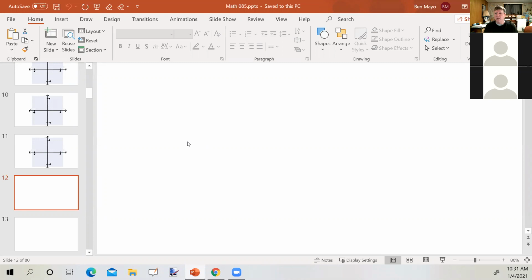We can multiply both sides by the least common denominator to clear the fractions. We can add the same quantity to both sides. We can subtract the same quantity from both sides. We can multiply or divide both sides of the equation by the same non-zero number. So all of those things are the same for solving an inequality versus solving an equation.